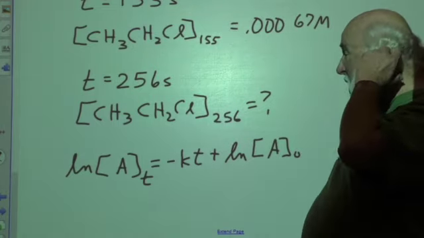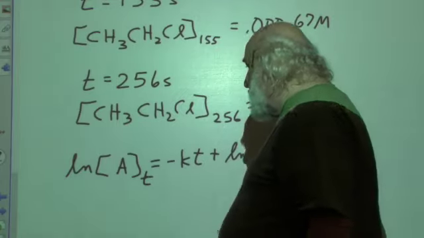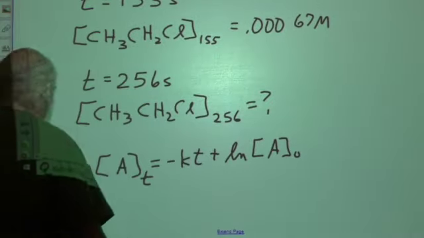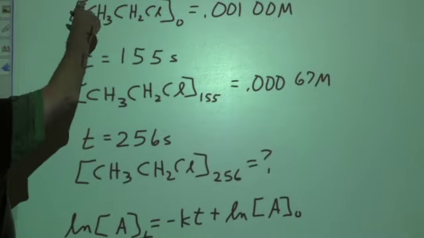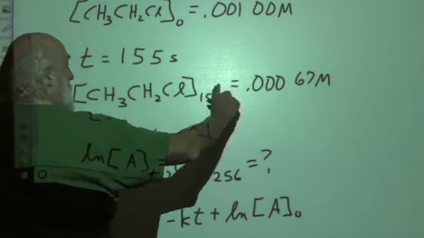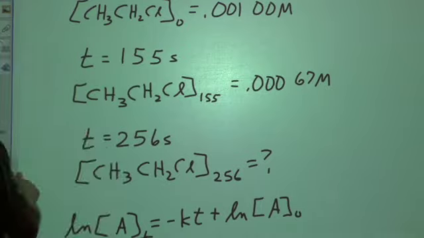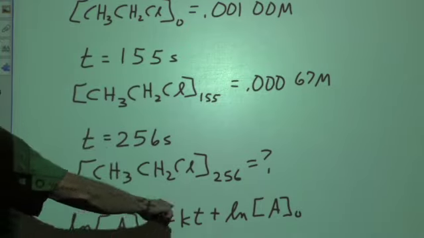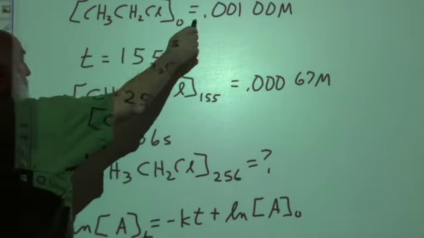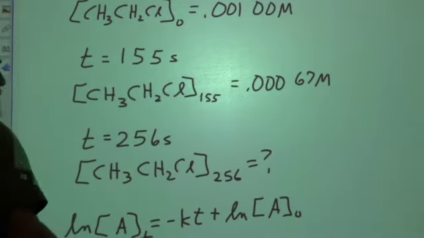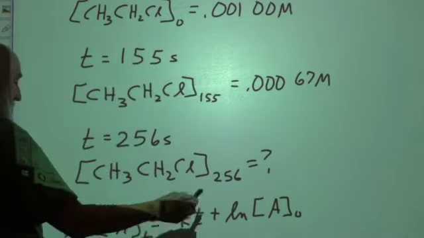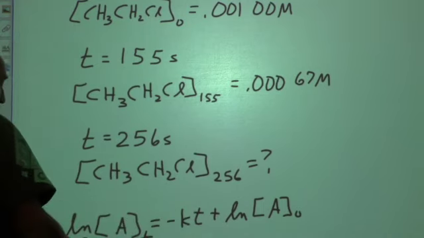We got to solve for k somewhere. Well, we go back to the beginning. And if we just use these numbers right here for the equation and plug that in right here, so that means that this 0.001 is right there. This 155 seconds is right there.